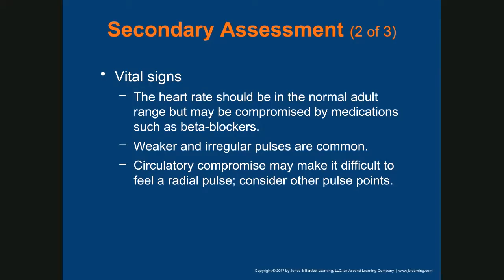Right? Weak or irregular pulses are common. Circulatory compromise may make it difficult to feel a radial pulse. Consider other pulse points. Don't freak out, just check another area, right?